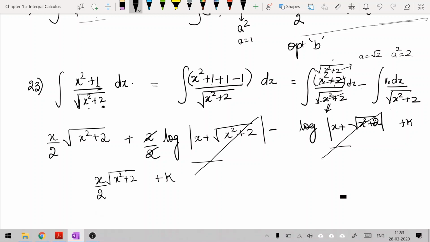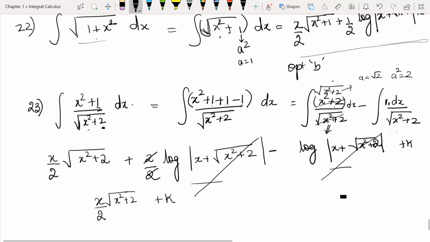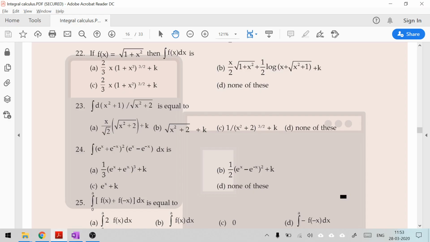Okay, so let us match the answers. So one mistake in the options is, option A matches, but here they have written it as x by root 2. Actually, it is not x by root 2, it is x by 2. The formula itself is not x by a.